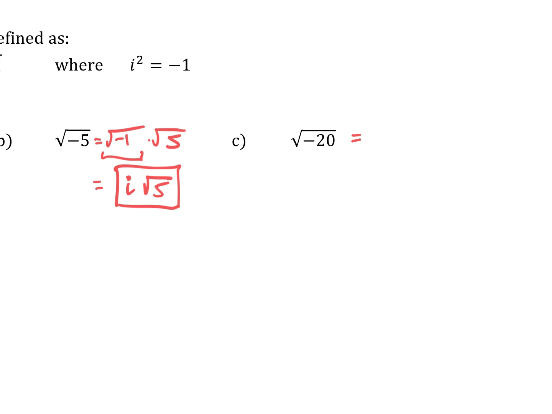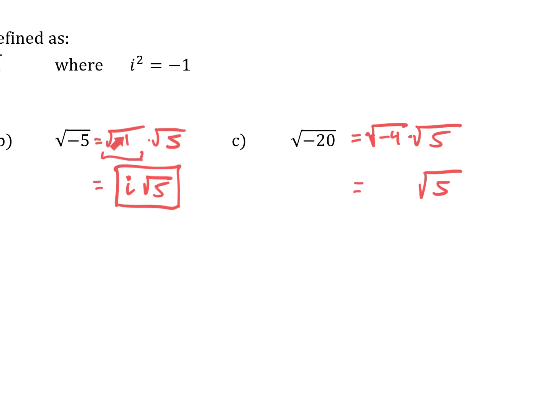So, the square root of negative 20. Here we can break this up into the square root of negative 4 times the square root of 5. Now, we don't know the square root of 5, as we've just mentioned. We do know the square root of negative 4. Now we can write it like this.